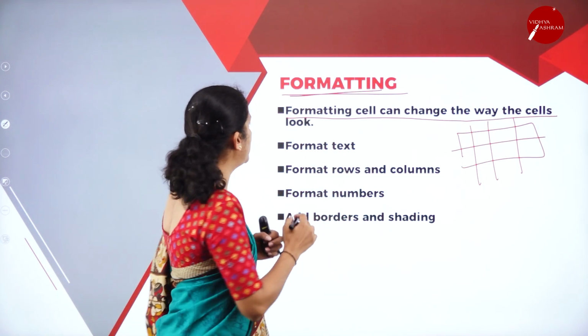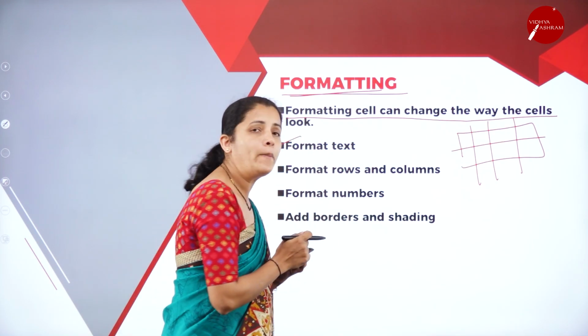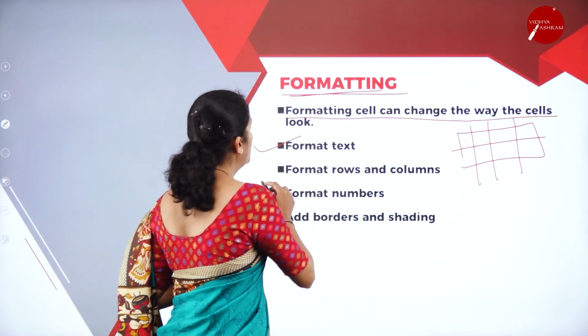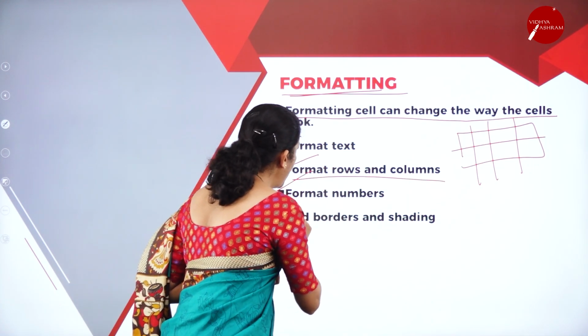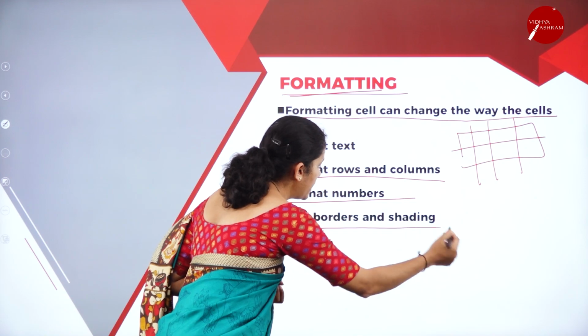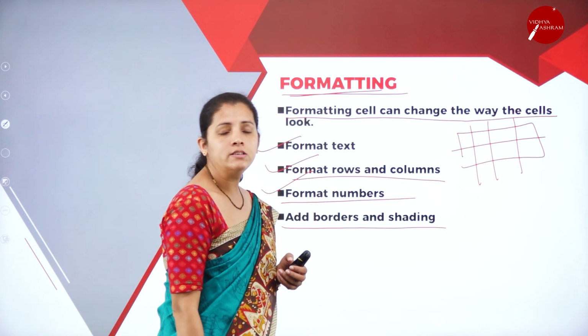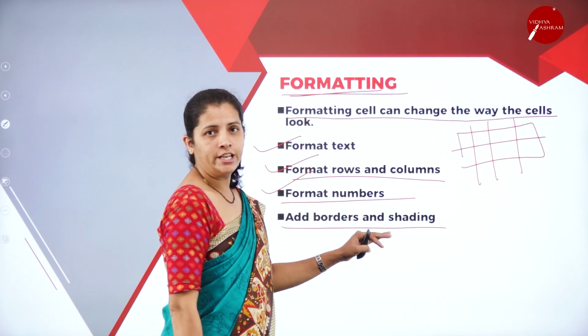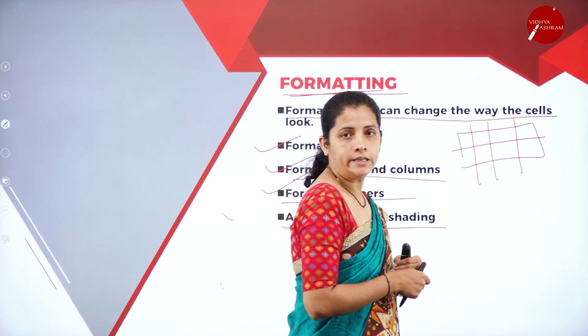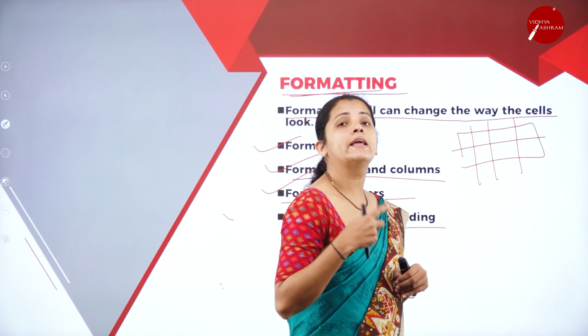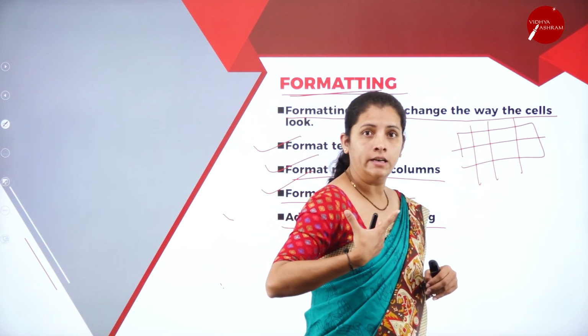To achieve formatting, we are going to have format text, format rows and columns, format numbers, and you can add borders as well as shading. At the beginning, I'm going to have format text. That means I can format the text.